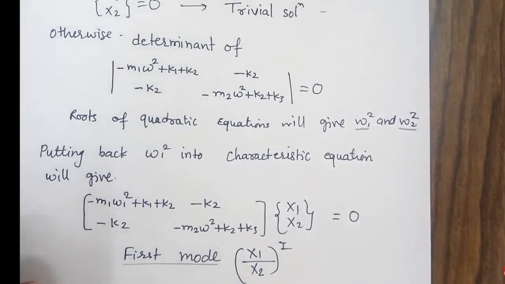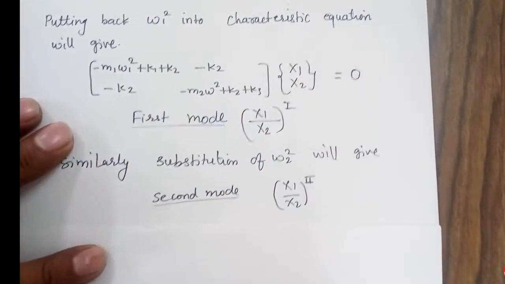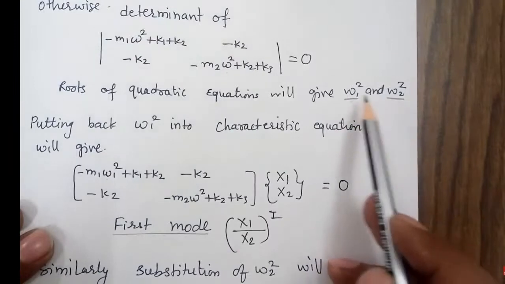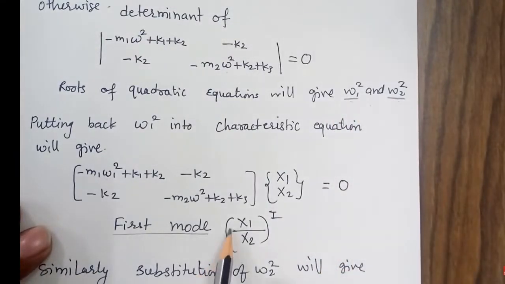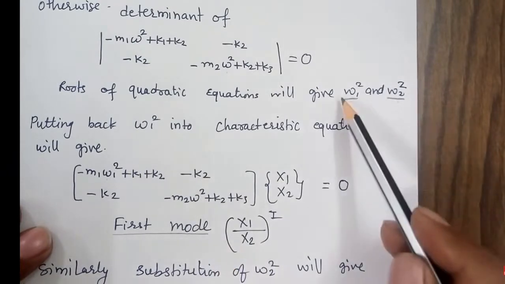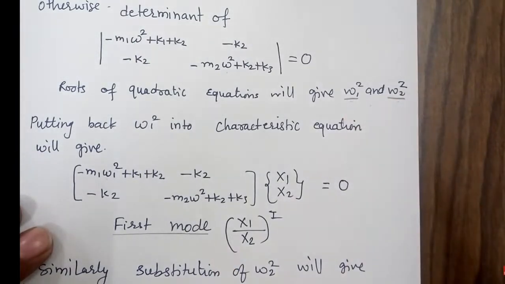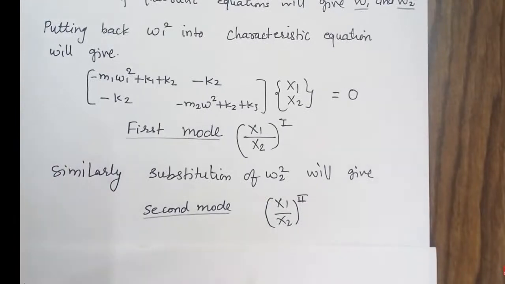Now at this point, please understand that my system has two roots, which are the two natural frequencies of the system, and I have two different configurations corresponding to the two natural frequencies. What does it physically indicate?